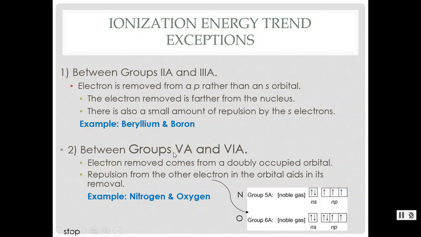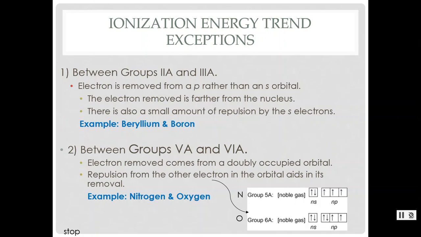Now let's talk about the exception between groups 5 and 6 and why that is. It's easily seen if I'm looking at the orbital diagram. If I'm going to remove an electron from nitrogen, it is going to come from that half-filled p orbital. If I'm going to remove an electron from oxygen, it's going to come from a p orbital that has paired electrons.